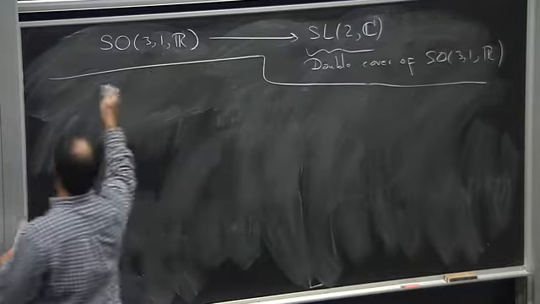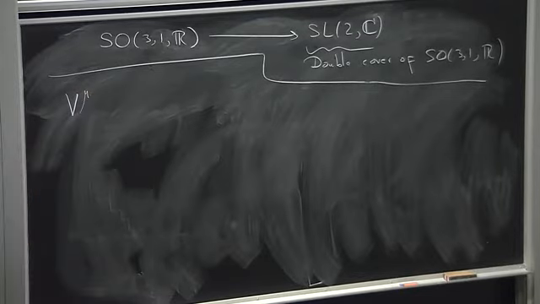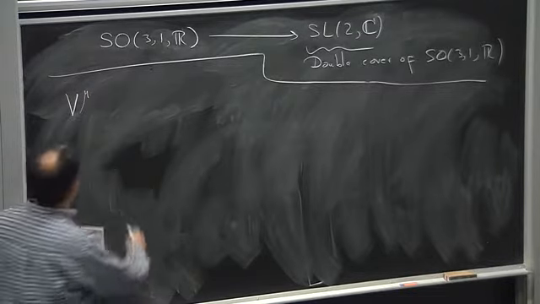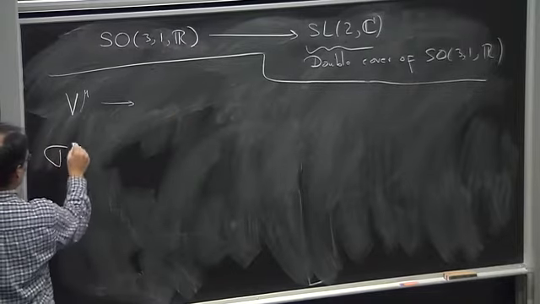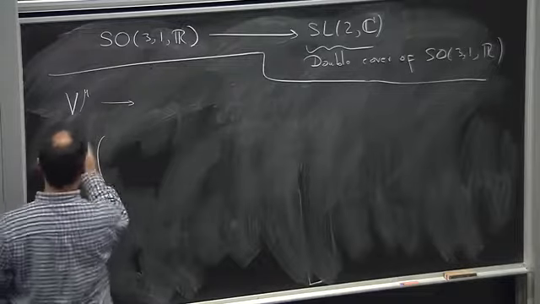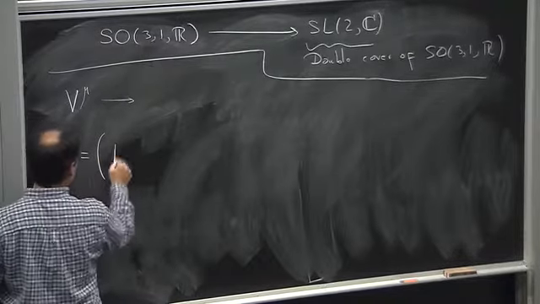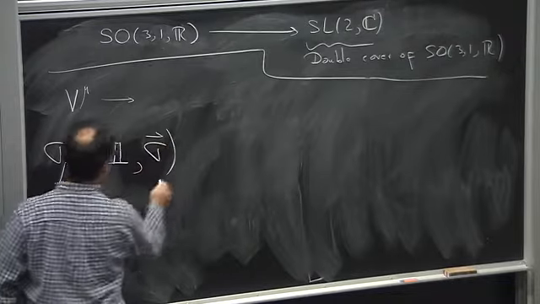Let me remind you how we made the connection. We started with a vector. Okay? And what did we do with that vector? We said, well, let me define, actually with the index down, a 4-vector made out of Pauli matrices.